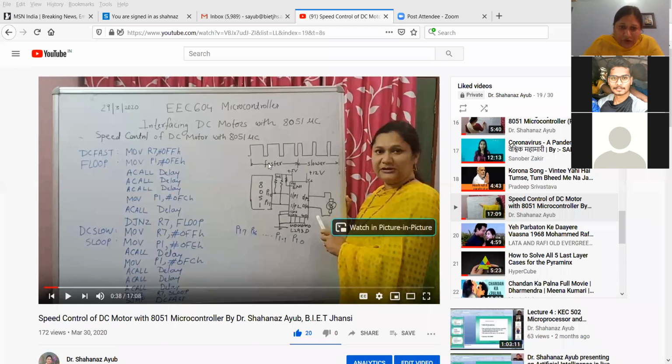So when we want to move it faster, let's take one example where the off duration is 25% and the on duration is 75%. Whatever the timing may be, the off duration is 25% and the on duration is 75%. So instead of writing separate delays, we can write one delay for the 25% timing.